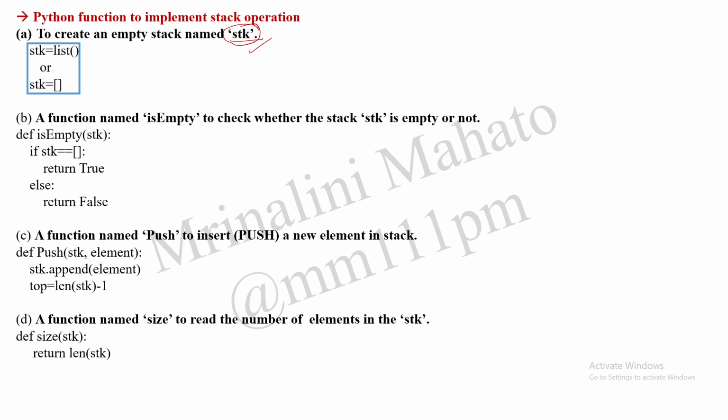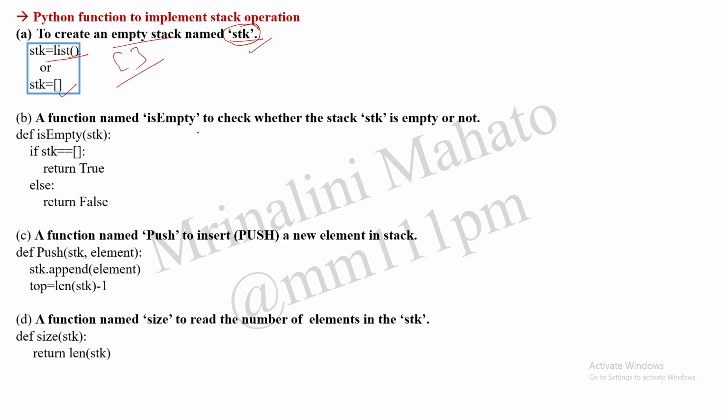So stk equals, because it is an empty stack, and we can create the stack in Python using a list only, so we will write list conversion. List, okay, this will convert to a list. So stack equals list, otherwise stack equals empty square brackets. List brackets are square brackets, so any one you can write.